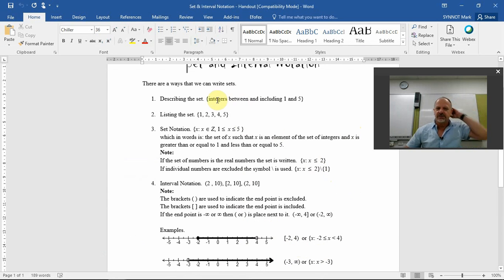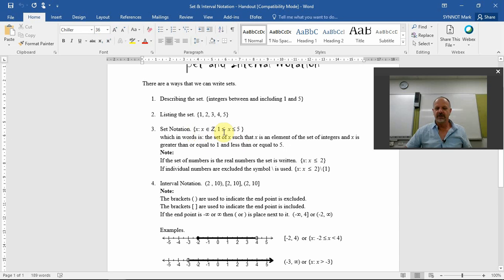Some set notation, of course, has these curly brackets and this symbol here. This one's important. The set of what? It's the set of x such that, what does it mean? It means we've got a set of numbers that are x, and this is what they are. So this one here, x is an element of Z, so this one's saying they're integers. Which integers are they? Well, they're the integers between 1 and 5.